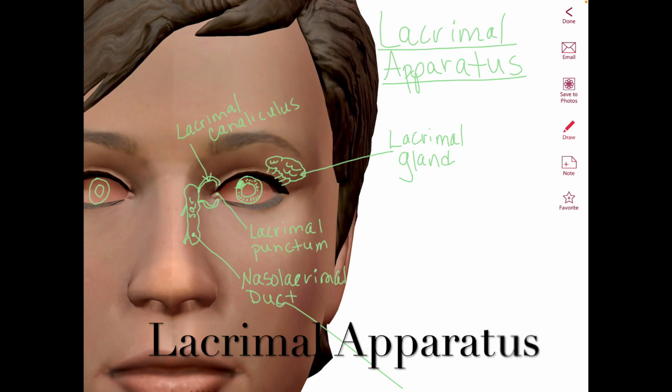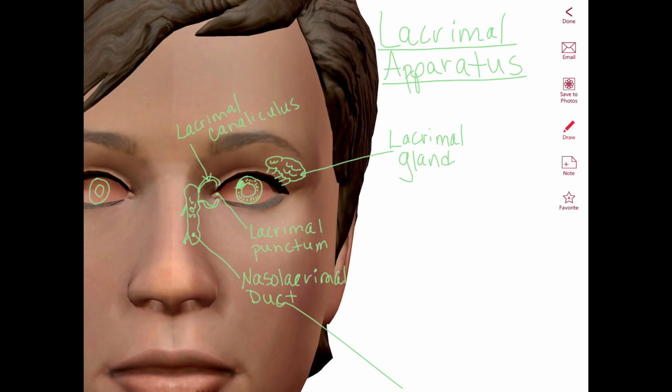All right, let's continue. The lacrimal apparatus is made of the structures that produce and drain the tears. So here in this picture, you can see that the lacrimal apparatus includes the lacrimal glands. It also includes the lacrimal canals or canaliculi. It includes the lacrimal or nasolacrimal sac with the nasolacrimal duct, and there are also these lacrimal punctums. So the lacrimal gland is lateral and superior to each eye, and it produces the tears that flow along the eye surface.